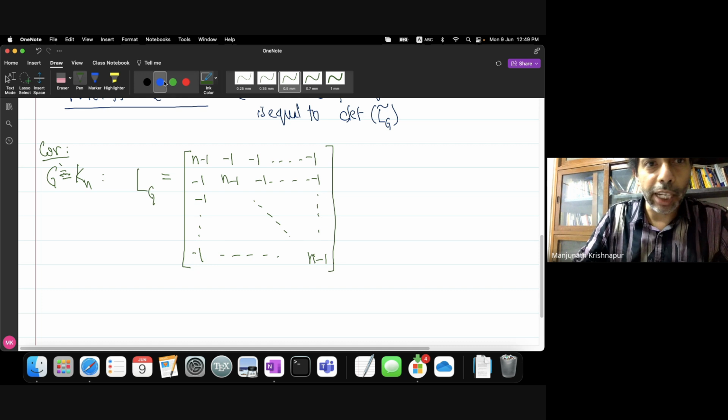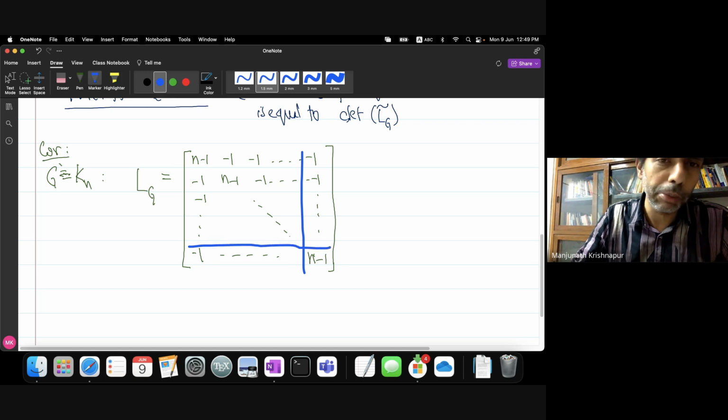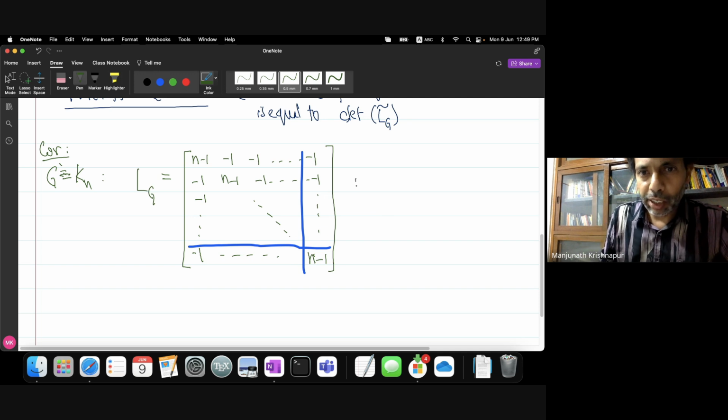Now let's take LG tilde, where you remove the last row and last column. You can remove any row and any column. It's just easier if you remove the same row and same column in this case. So what is LG tilde now? This is an n cross n matrix.